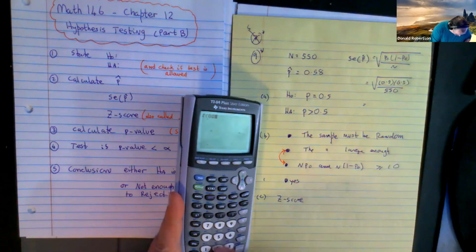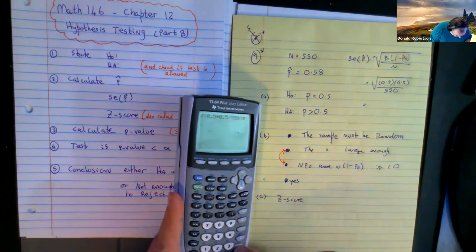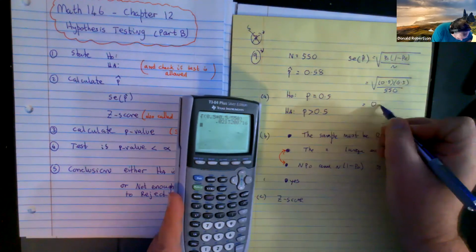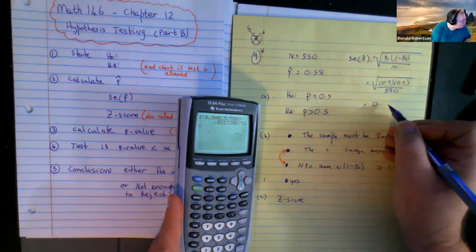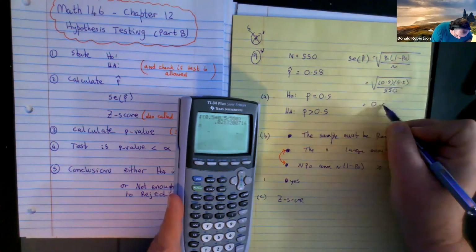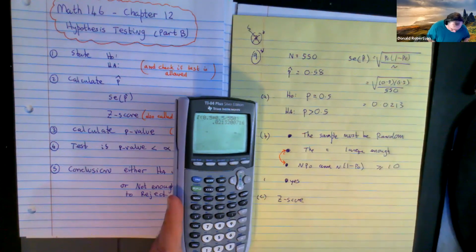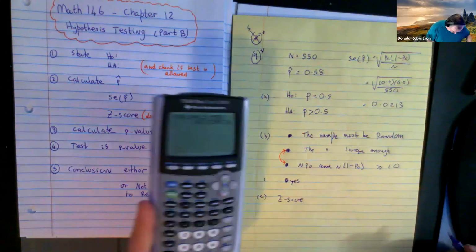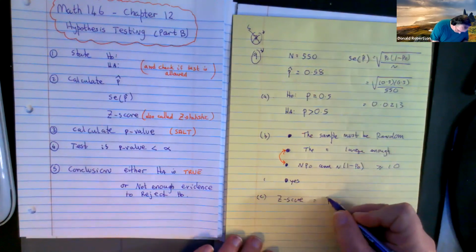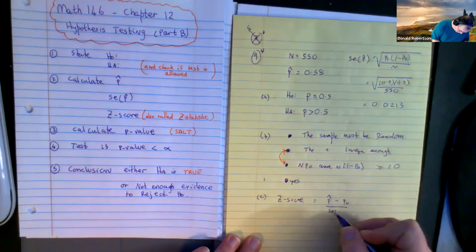The square root of 0.5 times 0.5 divided by 550. Well, I'm not sure I want to do 2 decimal places yet. The final answer I will do to 2, but this one I'll do a little bit more, just to be safe. So the Z-score is p hat take away p naught over the standard error.